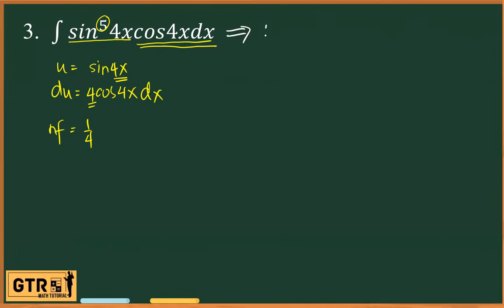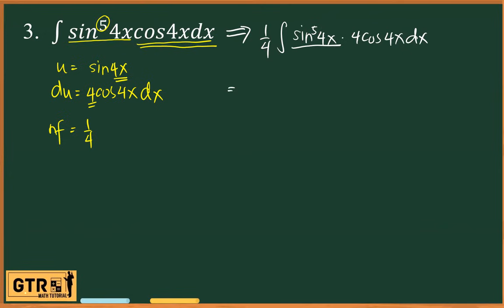So we have 1/4 integral of sine to the fifth 4x times 4 cosine 4x dx. Since du is 4 cosine 4x dx, 1/4 times 4 is the same as 1.